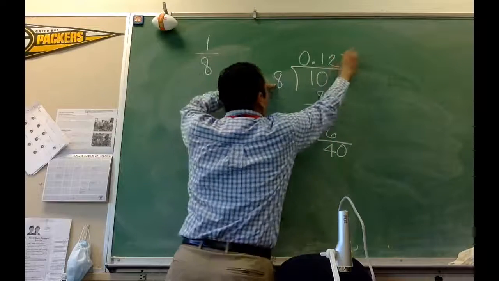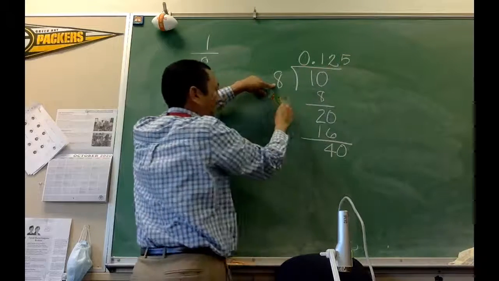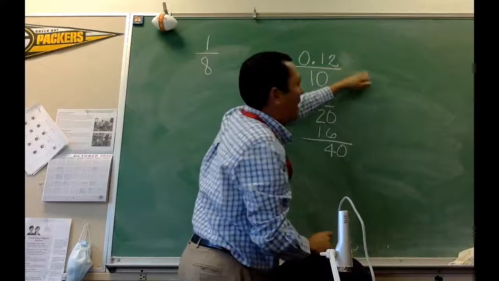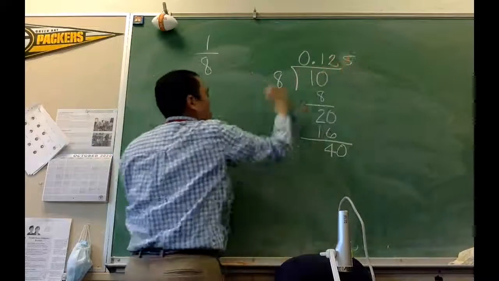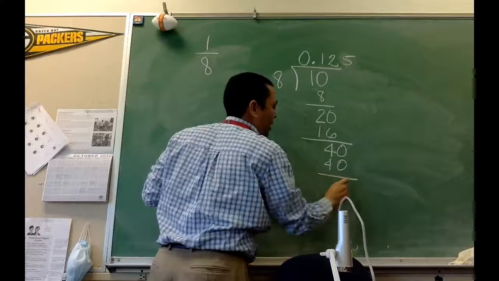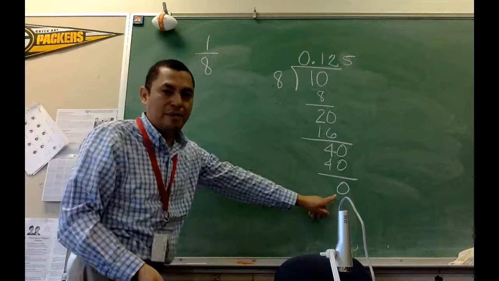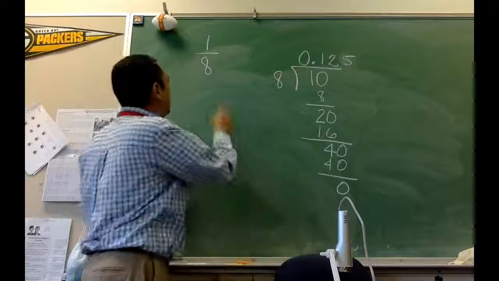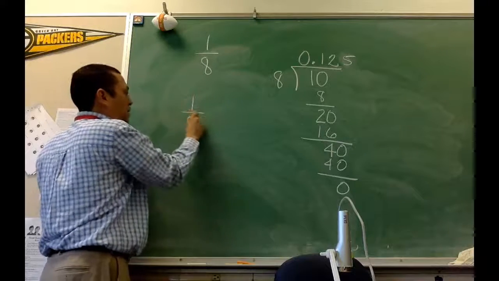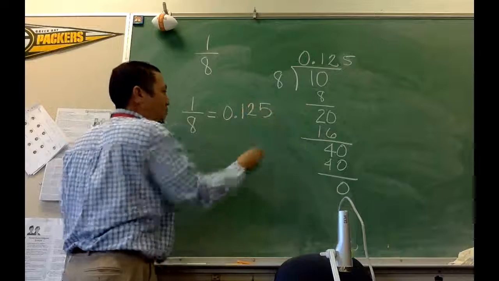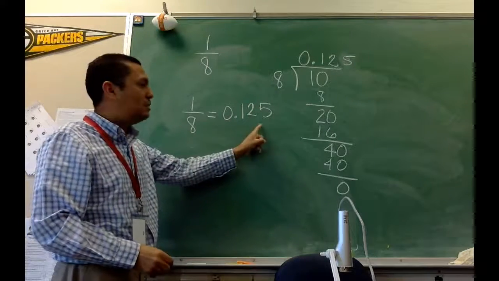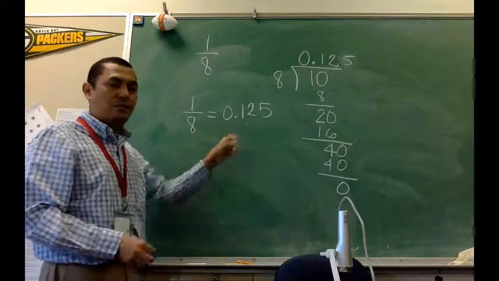And now you have 5 times 8 is equal to 40. And then you have a remainder of 0. And we can say that 1/8 is equal to 0.125. It's a terminating decimal. So 1/8 gives a terminating decimal.